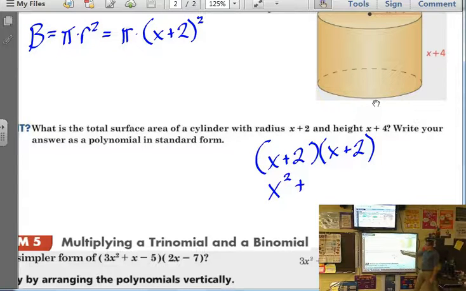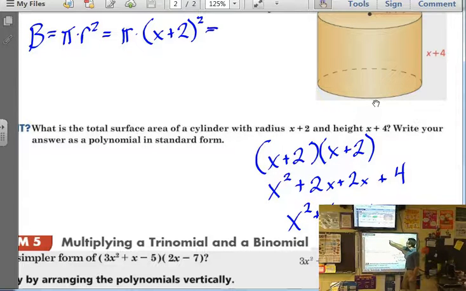Then my outers here, x times 2. That's our 2x. Then my inners are 2 times x. Also 2x. And then 2 times 2. Boom. We clean it up, add those like terms together. And then I can bring it back up here.